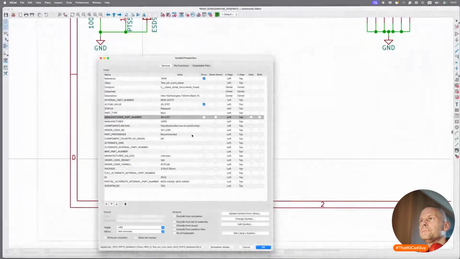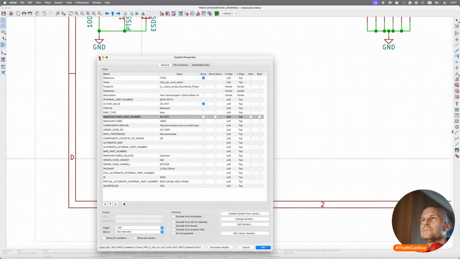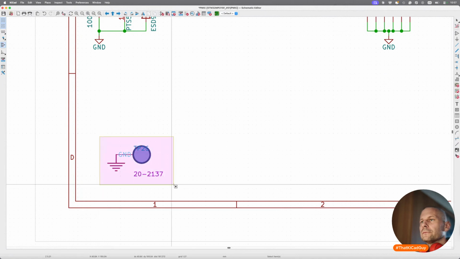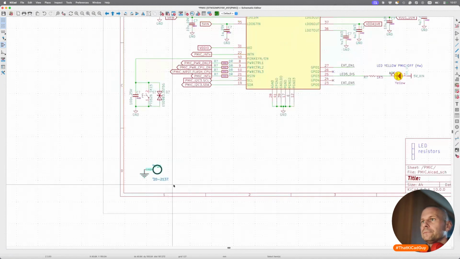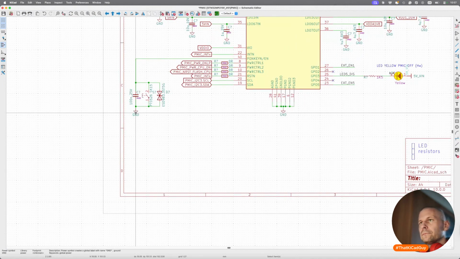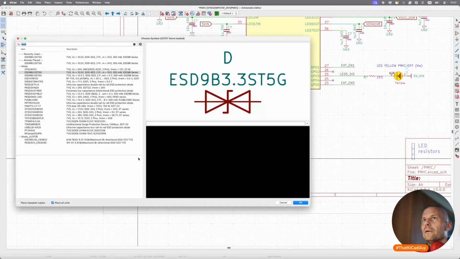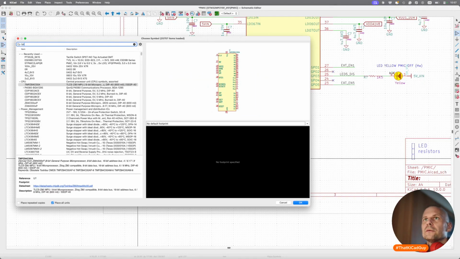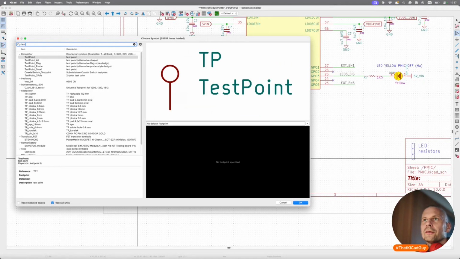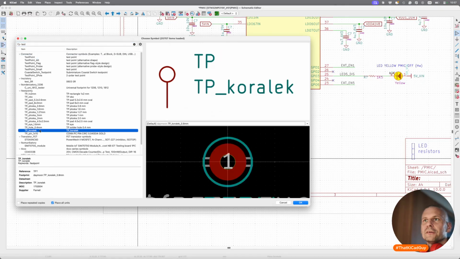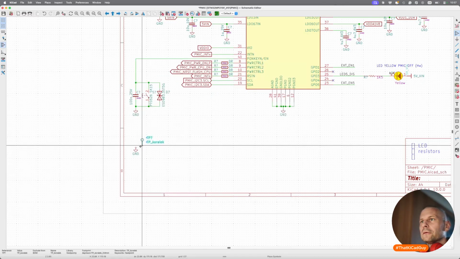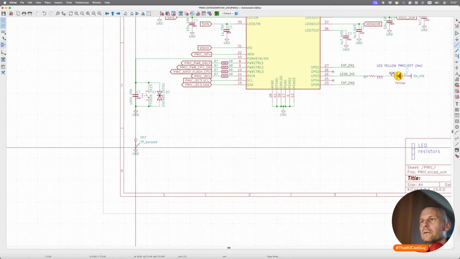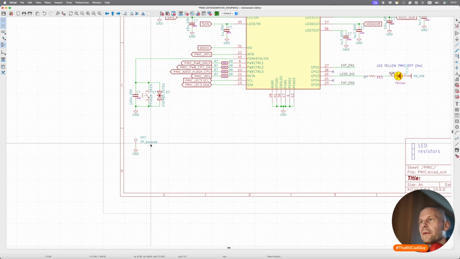Yeah. So test point, I think I have called it Koralek, which is in Czech. The same thing.